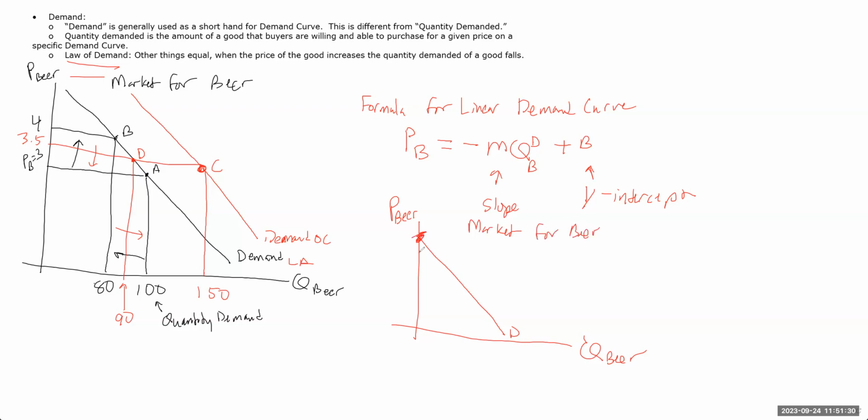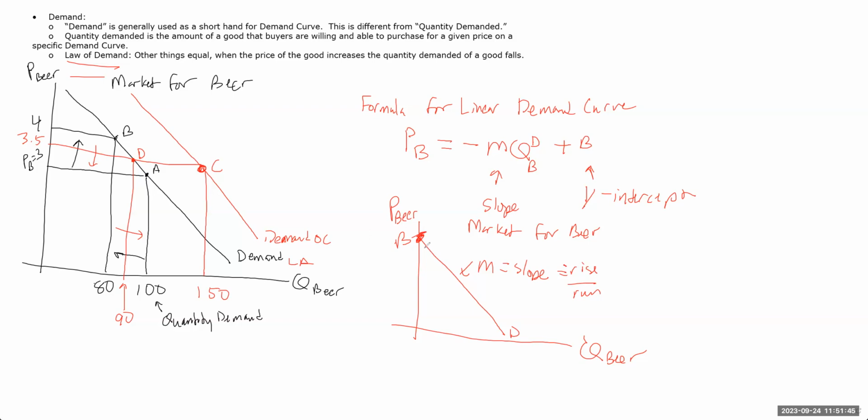The y-intercept is B, and M is the slope, and it shows you the rise over run. Obviously, this is negative, I'm sorry.